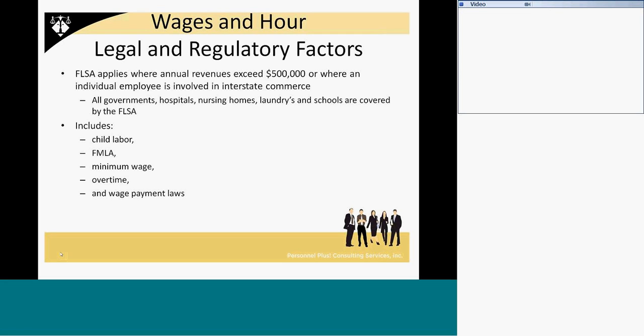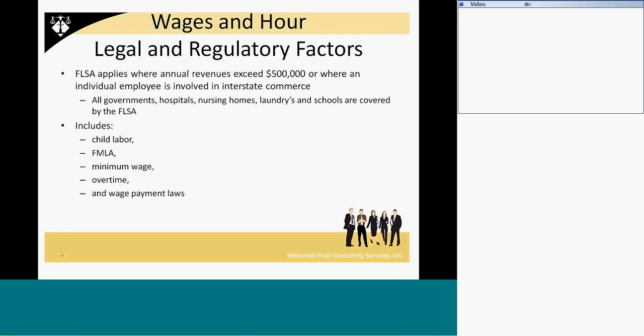So you might be, let's say, the hospital in Sidney, and you might have a branch location up in Plentywood. Together, that's considered the enterprise. Each location is considered the establishment.